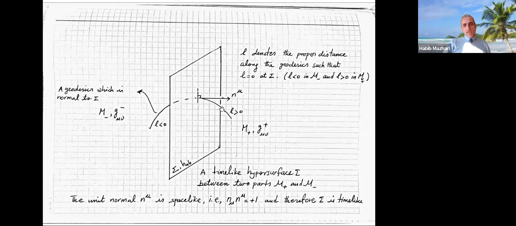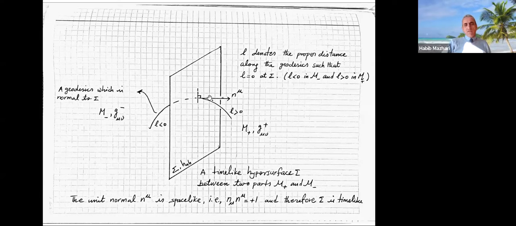I also show here a geodesic path from the negative side to the positive side, because this geodesic path is going to be the last coordinate to establish a local system of coordinates on the surface. Three of them lie on the surface, and the fourth one is normal to the surface, and this geodesic is also normal to the surface. So that will be our last axis.